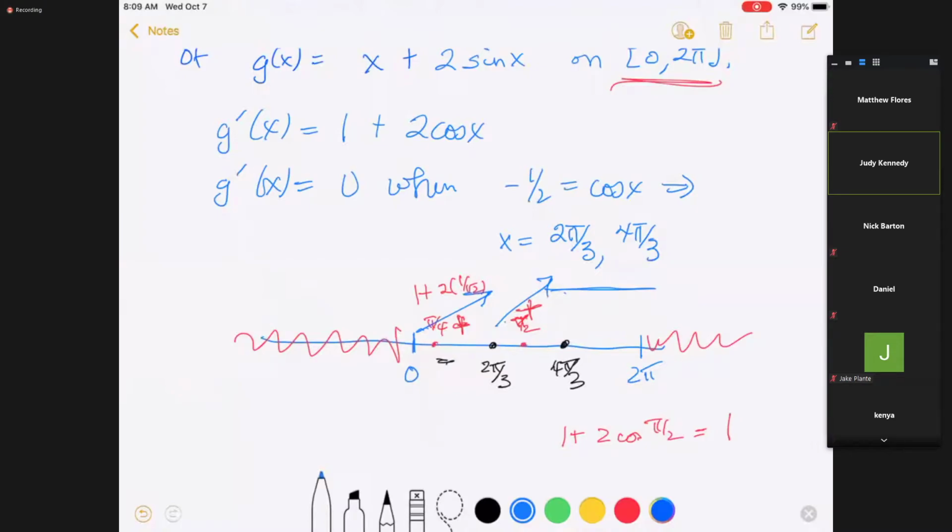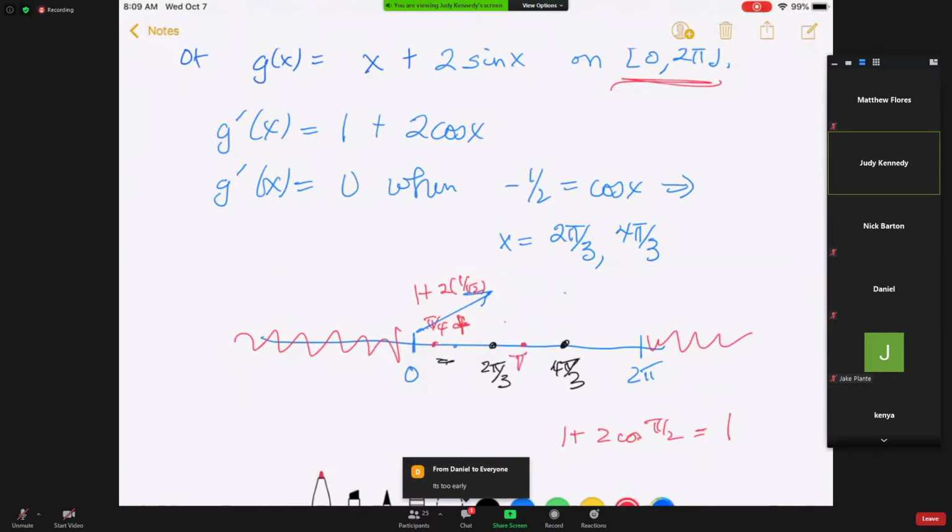Pi over 2 is not in this interval. So I must check, pi is in there. Okay. Brain, please turn on. Let me erase that. All right. So pi is in there, and that makes a big difference.